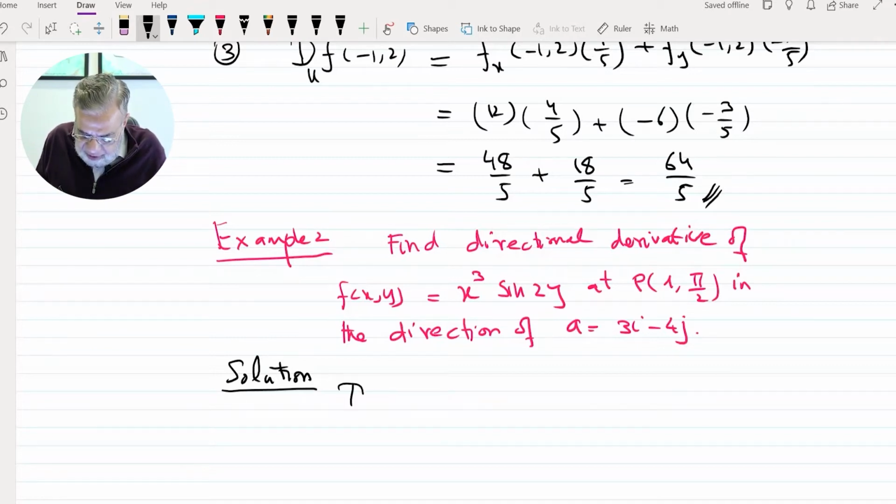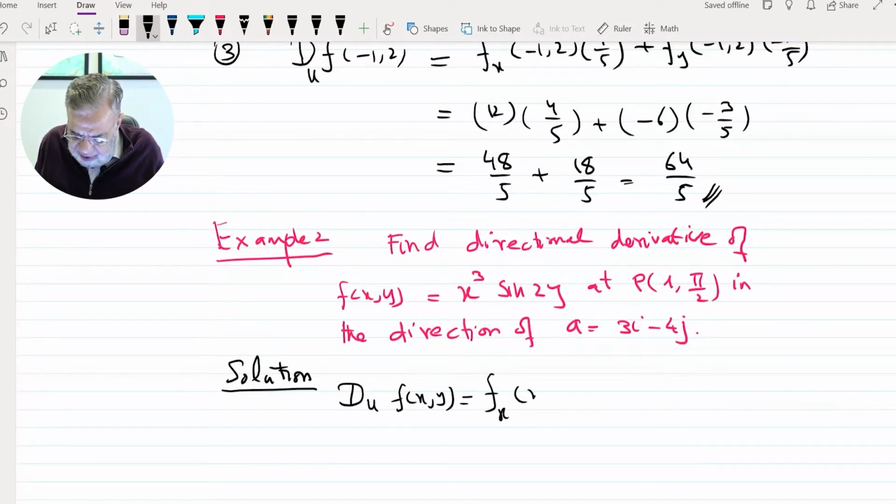We want to find the directional derivative of the function f(x,y) in the general formula, that is f of x (x,y) u1 plus f of y (x,y) u2.